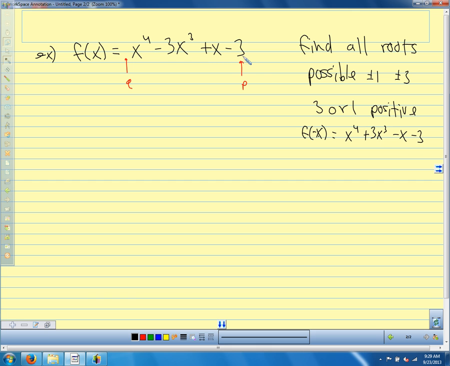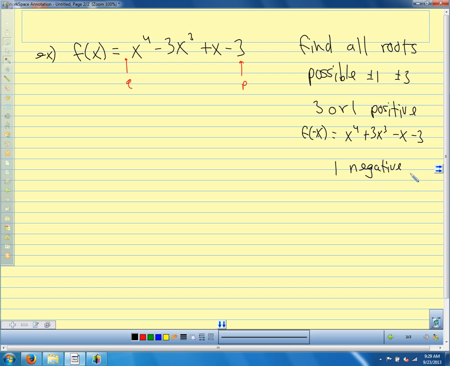The 3 doesn't change because it's not being multiplied by x. How many sign changes do we have here? 1. So what does Descartes' rule of signs tell us? 1 negative real zero. So if I were solving this problem, I would try to find that one negative one first. And then I wouldn't have to worry about the negative numbers at all. What's the easiest negative root to find?